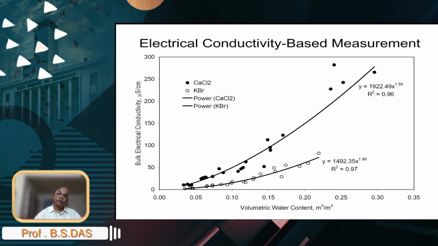The only problem is that they will have a huge amount of error because of the dynamic nature of the electrolyte concentration and the different kinds of electrolytes present. That is the hindsight, but it is extremely cheap. It's possible to automate easily because you are making electrical measurements, so remote measurements are all possible, and all those advantages come with electrical conductivity based measurements.